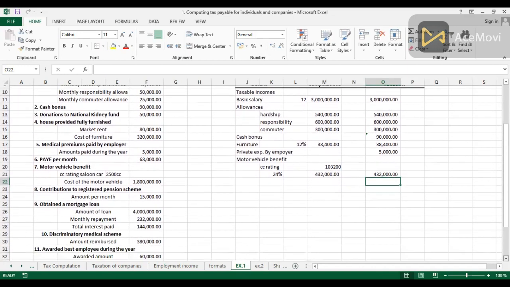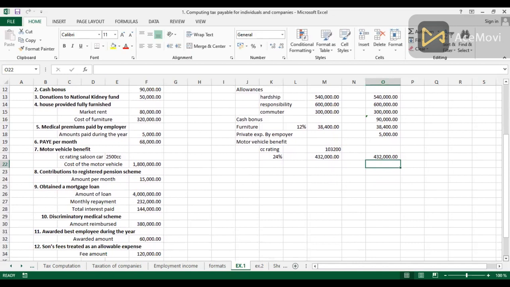Okay, contributions to registered pension scheme, this is an allowable expense. Also for the mortgage loan, let me talk about, you have taken a mortgage loan, and maybe you are contributing to home ownership saving plan. These two may confuse others, but the thing is they are all allowable, and they are capped.